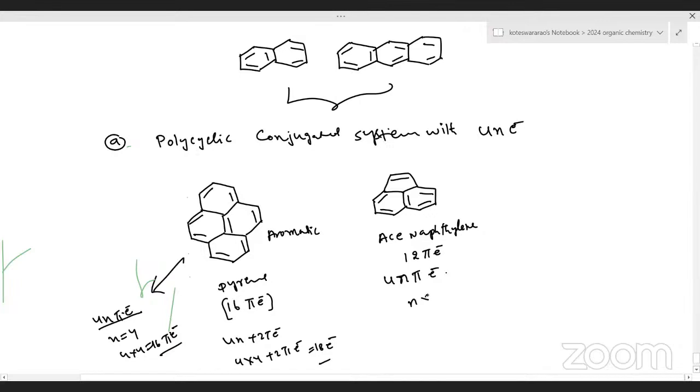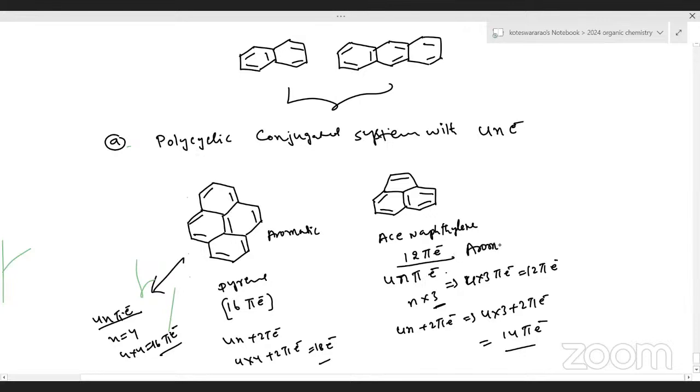If n is equal to 3, then 4 into 3 gives 12 pi electrons. If the same n value is substituted in 4n plus 2, that becomes 4 into 3 plus 2, 14 pi electrons, which should be required to satisfy the aromatic property. But it has 12 electrons. However, it shows aromatic property, aromatic in nature.